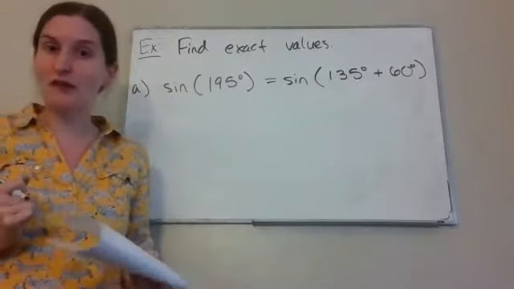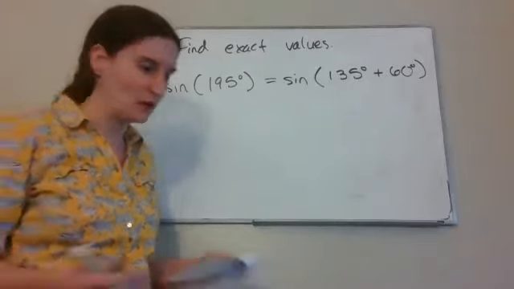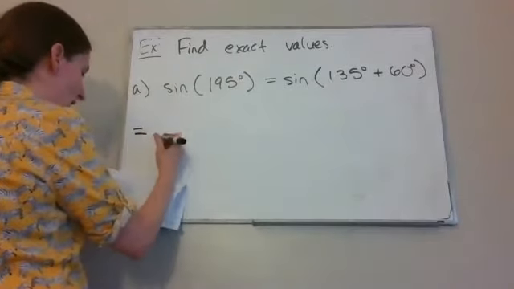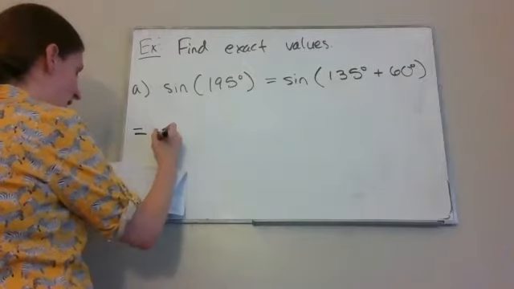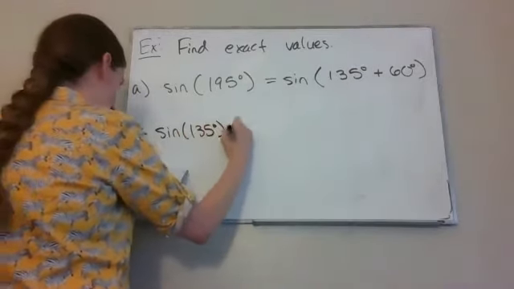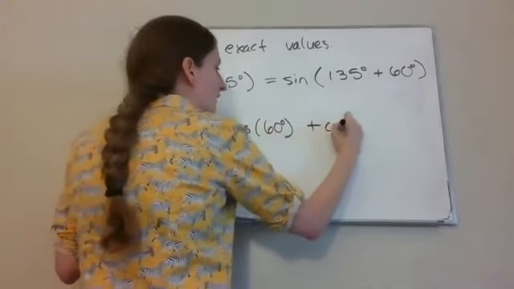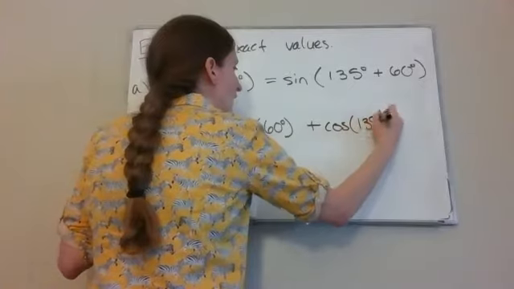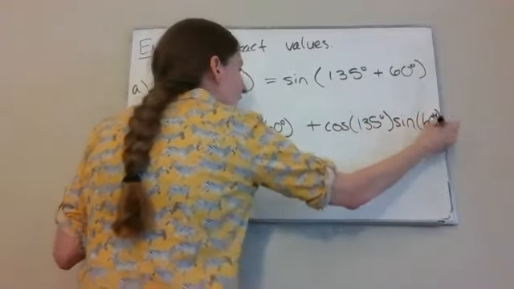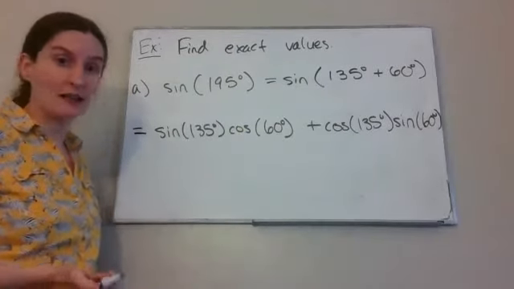So we should know the sine and cosine of those values based on memorizing our unit circle. Now I'm going to apply my sum or difference formula for sine, and I get sine of 135 degrees times cosine of 60 degrees plus cosine of 135 degrees times sine of 60 degrees. And now I can just use the values on my unit circle and simplify to get an exact value.